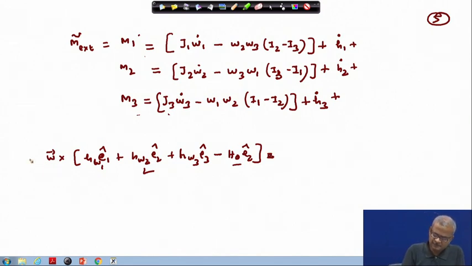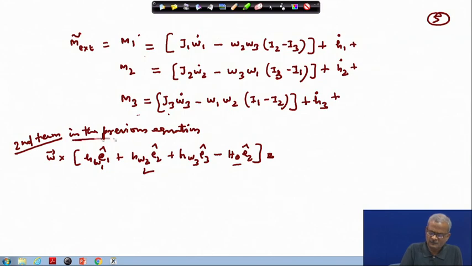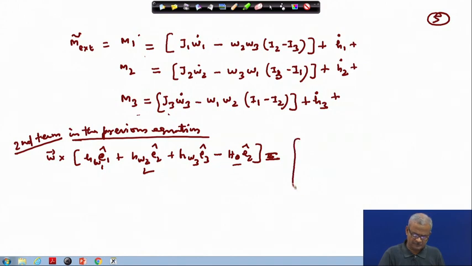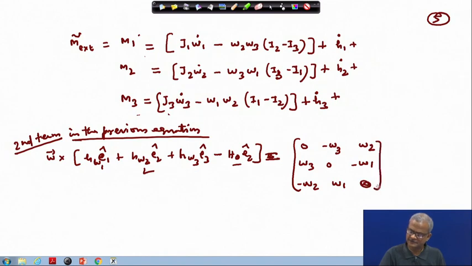We are looking at the second term in the previous equation. Okay. So, this term can be reduced to omega cross, and already you know that this will be written as the skew-symmetric matrix: 0, minus omega 3, omega 2; omega 3, 0, minus omega 1; minus omega 2, omega 1, and then 0 in this place, and this will operate on this vector.